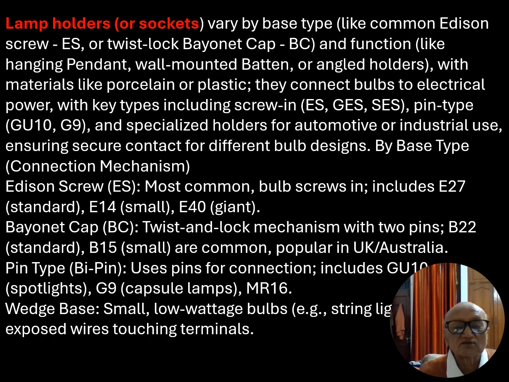You may provide angular holders also with materials like porcelain or plastic. They connect bulbs to electrical power with key types including screws, ES, GS, SES, pin type. Several types are there internationally, and I am not going into detail of that. And specialized holders for automotive or industrial use.